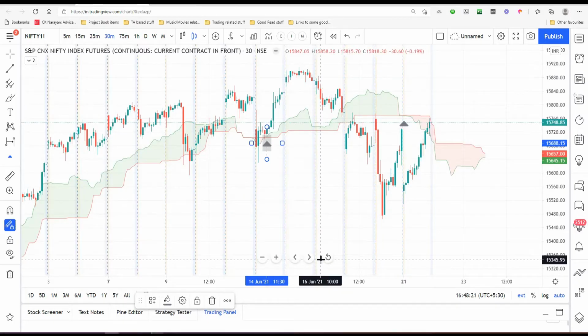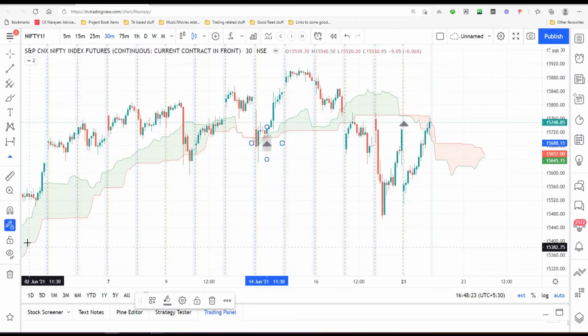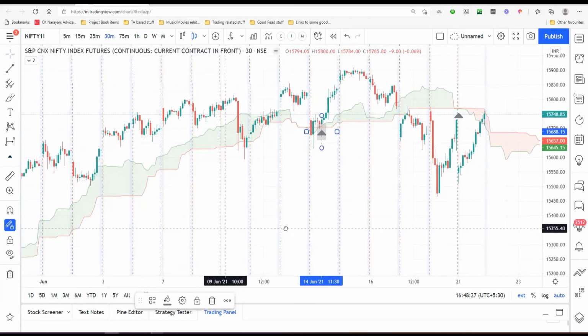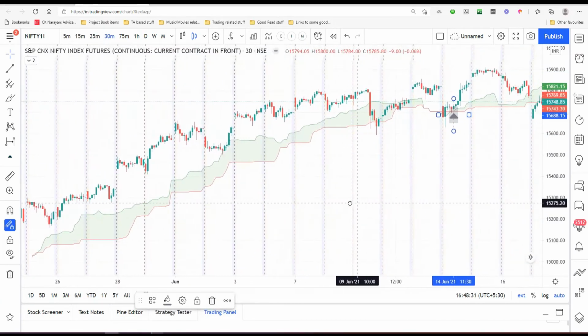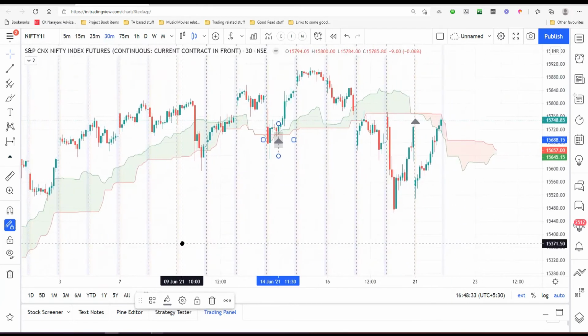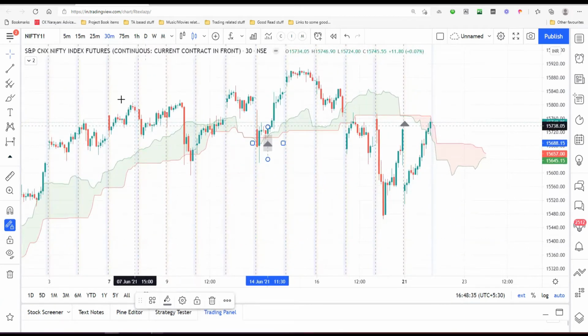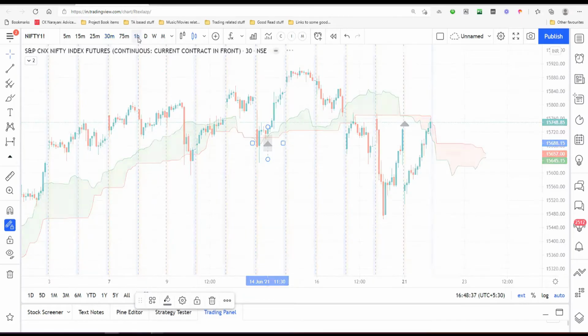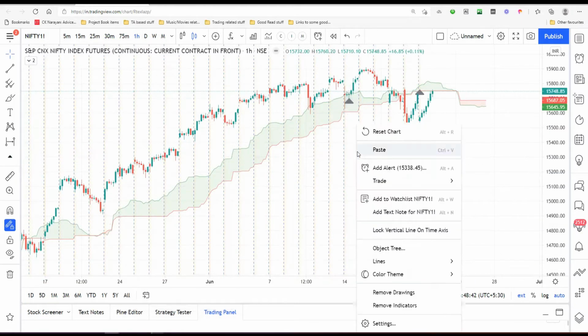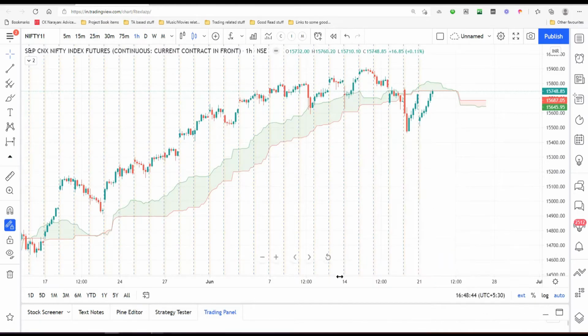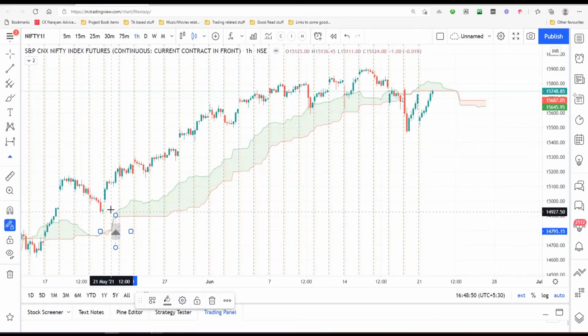And here is one which has been in force for a long time, right? That's a Kumo twist. Look where it is. You're not even able to go to the start of it. So on 30 minutes, we just got two of them. And if you increase it to the hour, then again you will have a Kumo twist which has happened here, when it became red, green.